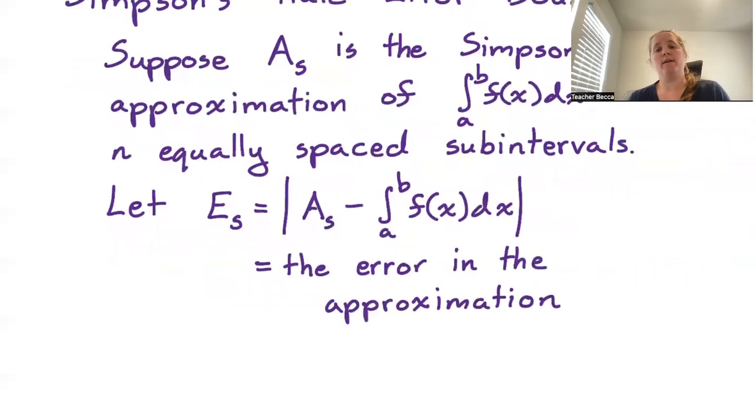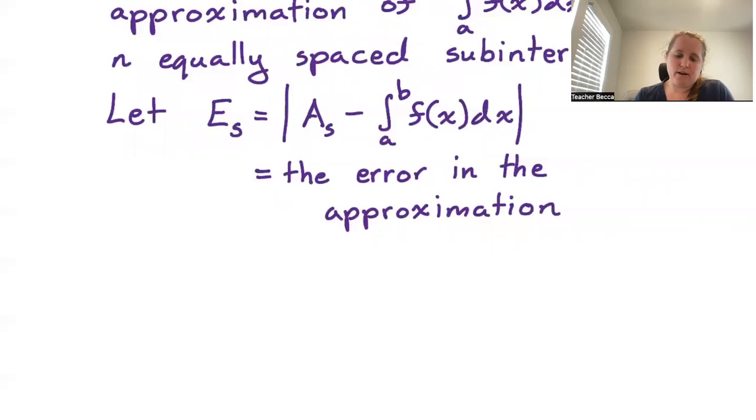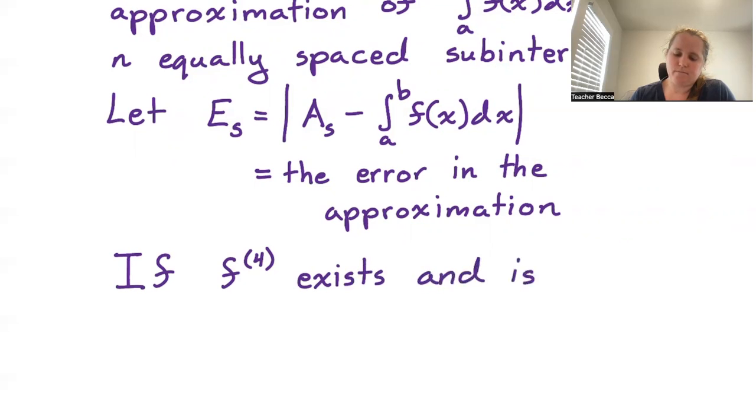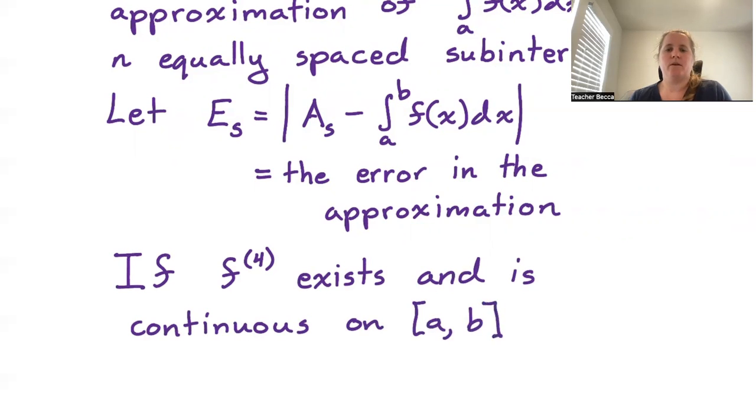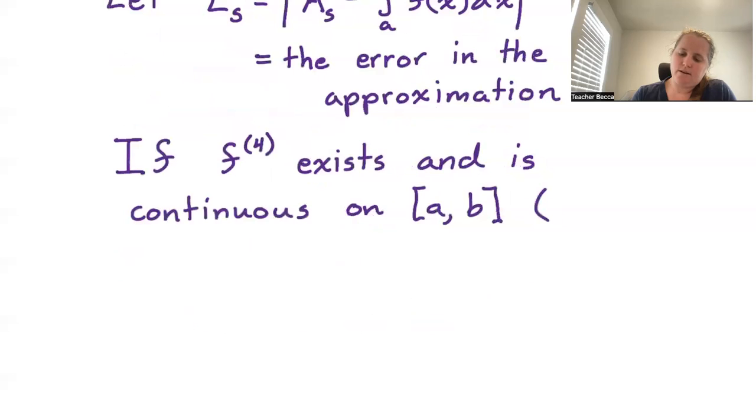Again, we have just one condition for f. This condition is that the fourth derivative of f exists and is continuous on the closed interval [a, b]. That means the fourth derivative of f is bounded on [a, b].